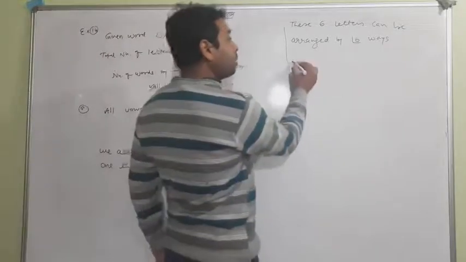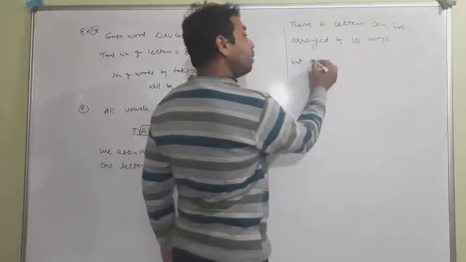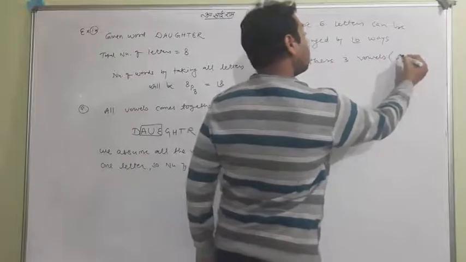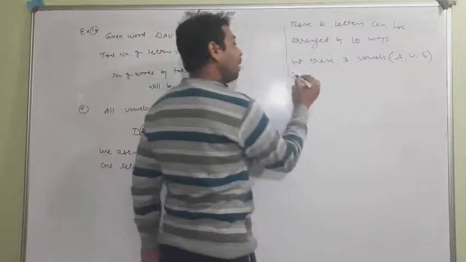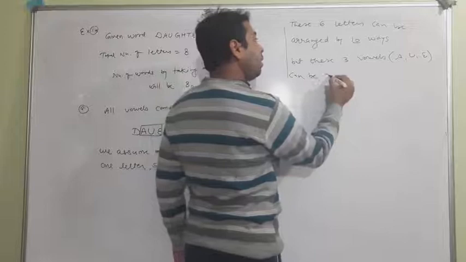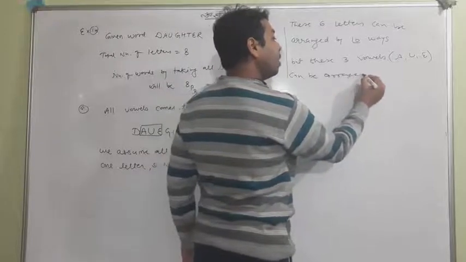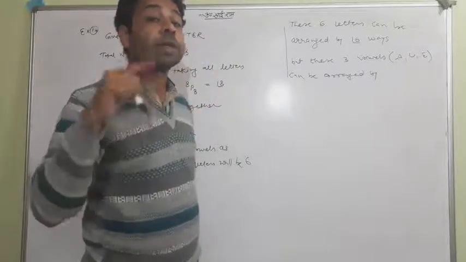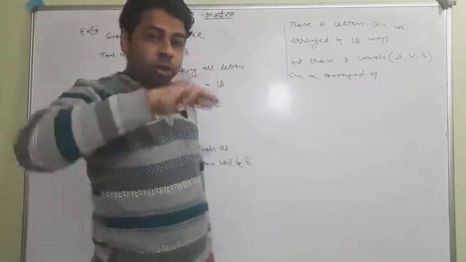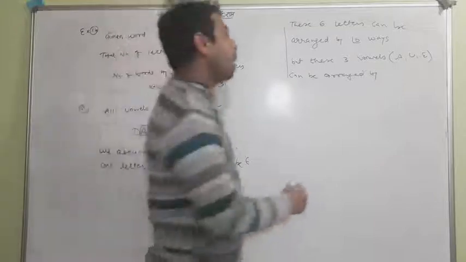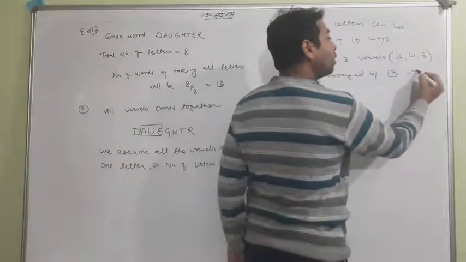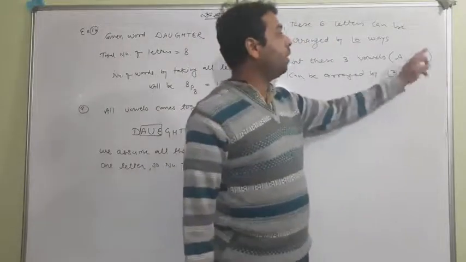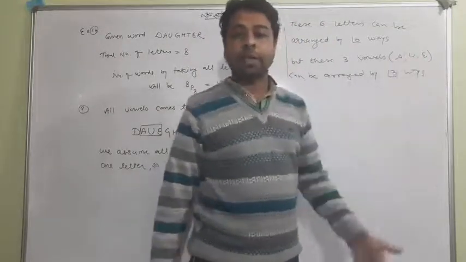I will write, but these 3 vowels A, U, E can be arranged by how many ways? Last time it was B and H, and it was factorial 2. This is 3 vowels, so 3 vowels can be arranged by factorial 3 ways. You know, 3 letters, factorial 3 ways. It may be U, A, E, E, U, A, E, A, U or something like that.